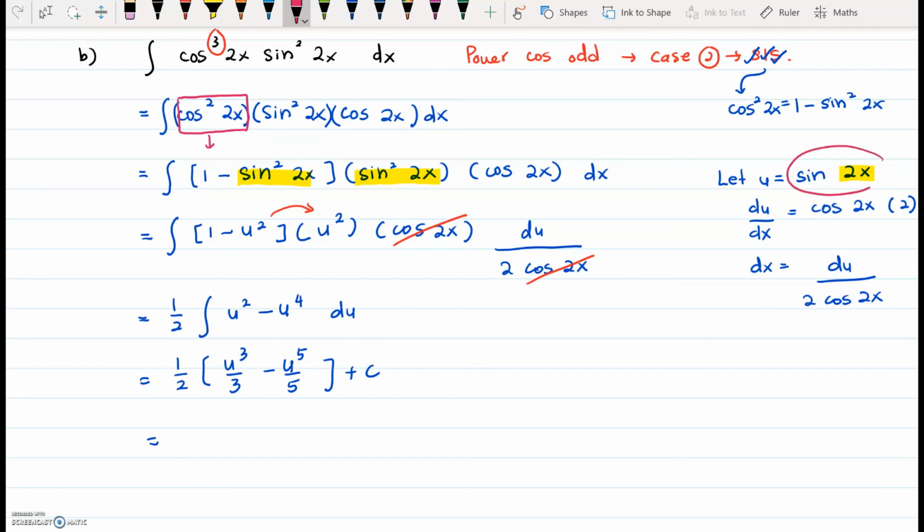So now your final answer will be 1 over 6, since we just expand the constant, so 1 over 6 sine cubed 2x minus 1 over 10 sine to the power of 5 2x plus c. Okay, so this is your final answer. Alright, thank you everyone.